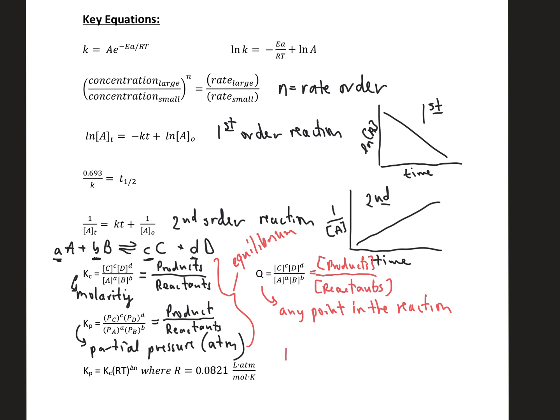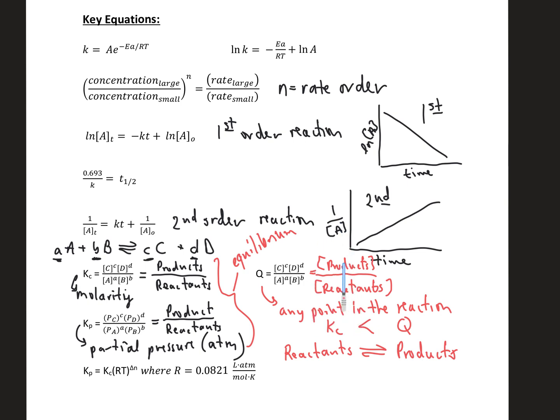So if I have my generic reaction going from reactants to products, and I calculate a value of Q, if Q is greater than K, we talked about this in class, what that must mean is I have a higher concentration of products than I would otherwise have at equilibrium and a smaller concentration of reactants, right?